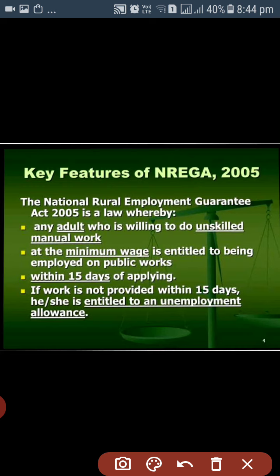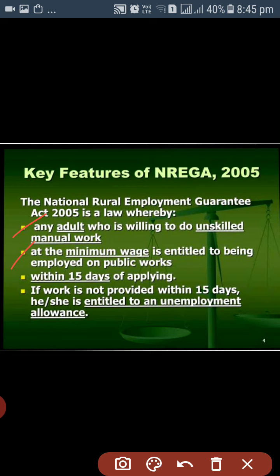Key features of NREGA 2005 are: first, the National Rural Employment Guarantee Act 2005 is a law made by the government, whereby any adult who is willing to do unskilled manual work, meaning no skill or technical training is required, at the minimum wage decided by the government of each state, is entitled to being employed on public works within 15 days of applying, meaning no delay.